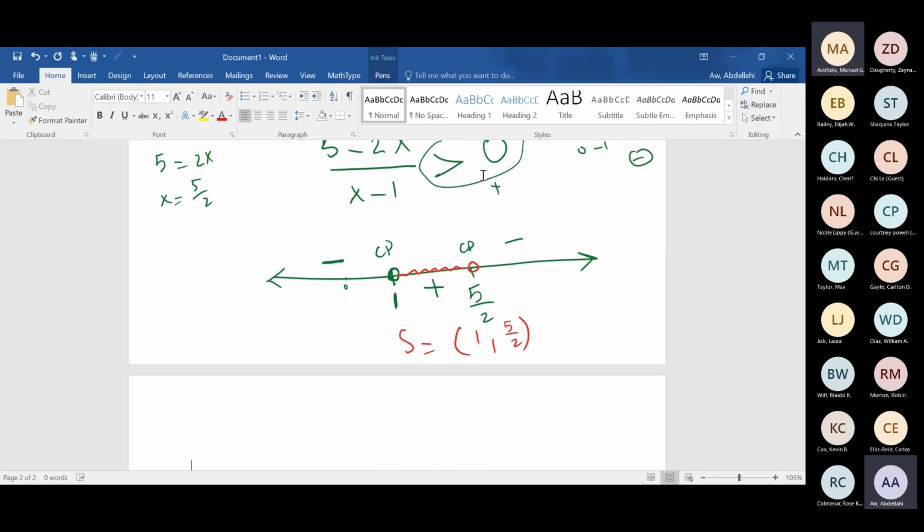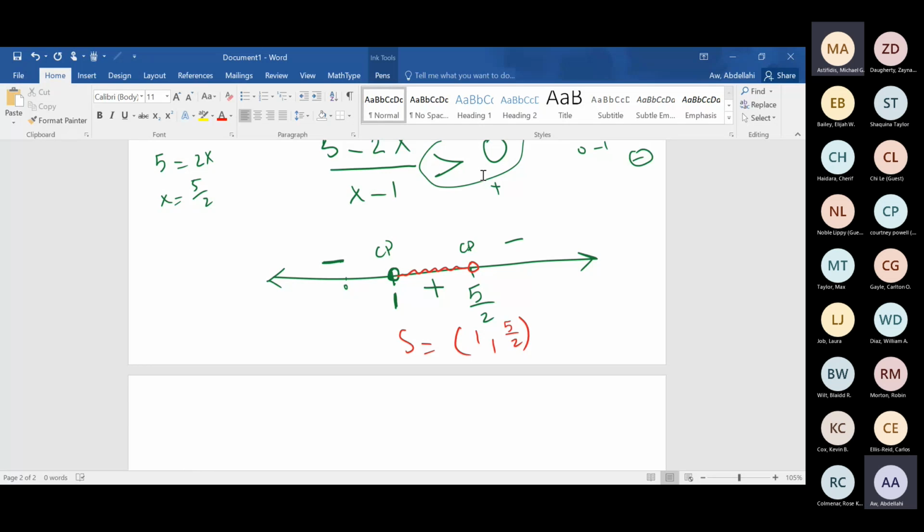What did we learn in chapter 3? Polynomials. From the quadratic polynomials, how to find the vertex, how to find the x-intercept, how to find the y-intercept of a quadratic function.